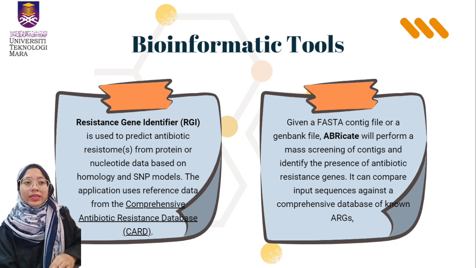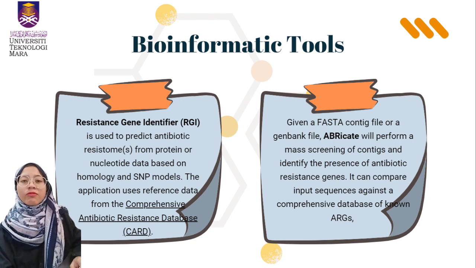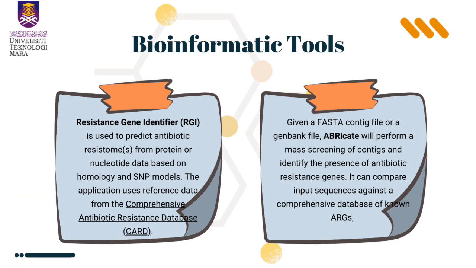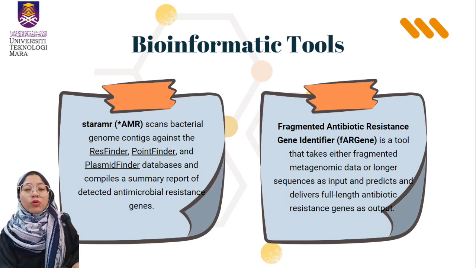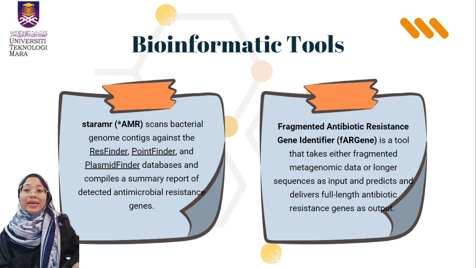Given a FASTA contig file or a GenBank file, ABRicate will perform a mass screening of contigs and identify the presence of antibiotic-resistant genes. It can compare input sequences against a comprehensive database of ARGs. I also use StarAMR to scan bacterial genome contigs against the ResFinder, PointFinder, and PlasmidFinder databases and compile a summary report of detected antimicrobial resistant genes.